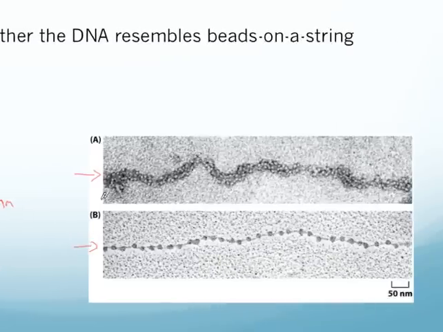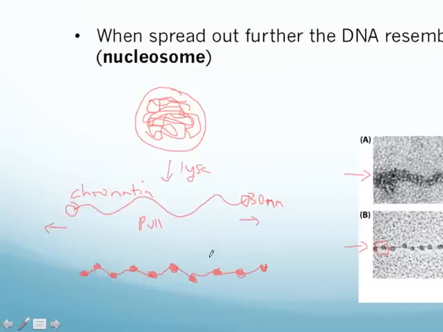So typically the interphase chromosome is in this 30 nanometer thick fiber, but ultimately what makes up the chromatin is the smallest unit of structure, these beads on the string. And these beads on the string are called nucleosomes. Okay, and this is the basic chromatin structure that makes up all the chromatin in the cell.